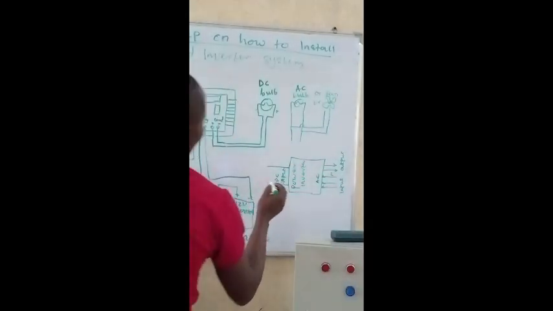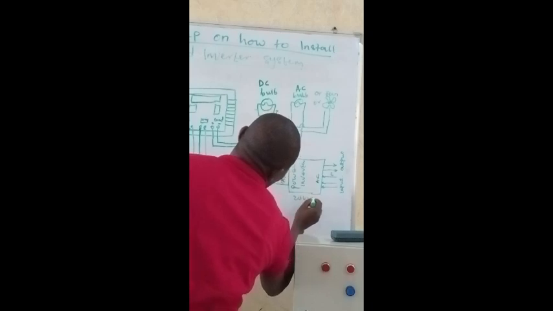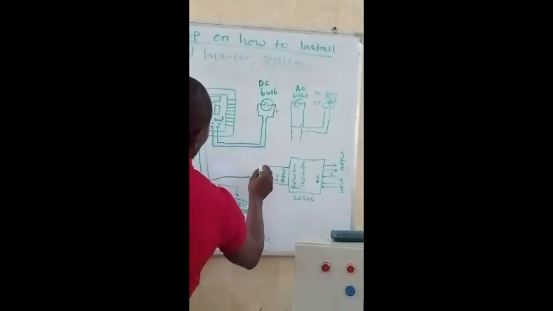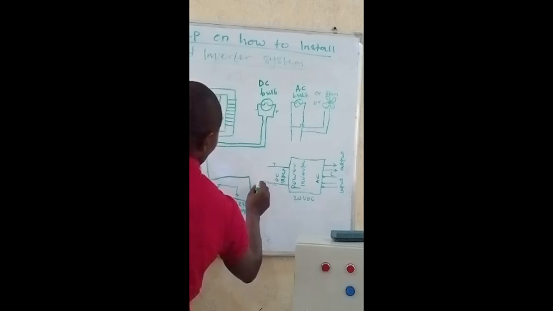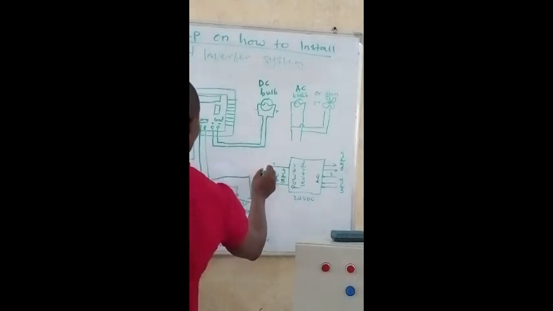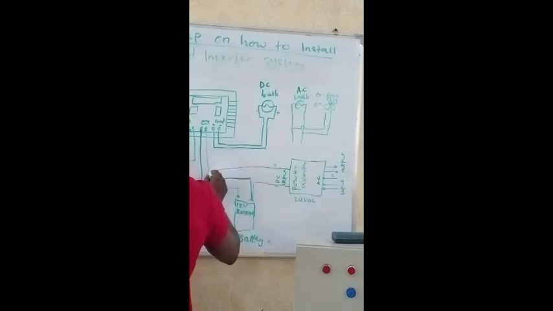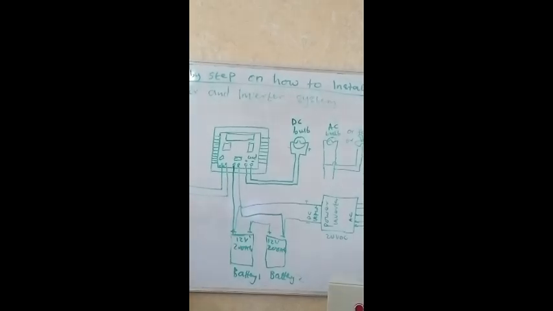Now, since the inverter we have is 24 volts DC, that is to say that this positive terminal and this negative terminal come straight to this negative terminal, and this positive terminal comes straight to this terminal.